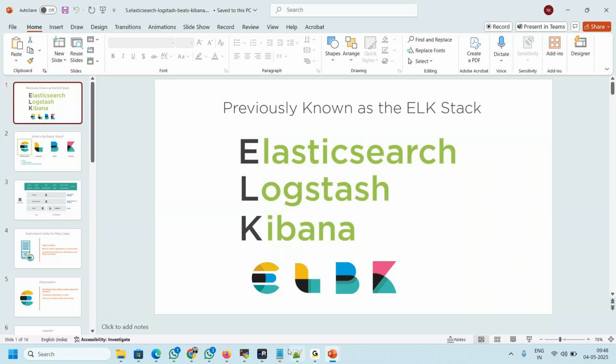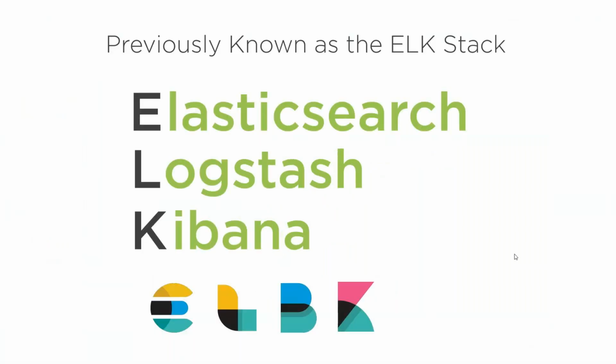Okay, so today I'm going to teach you one specific combination, and that is for log monitoring. Last time we discussed observability, and if you remember, observability primarily has five components which we are focusing on.